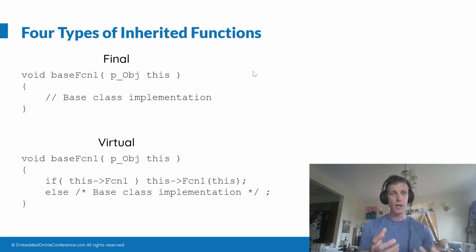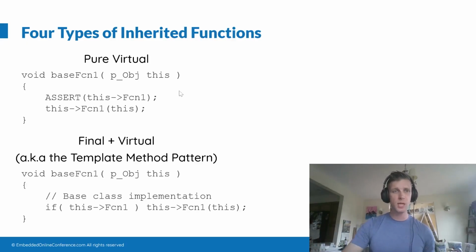The one we just looked at, you might call a virtual function, where there is a base class implementation if one isn't provided, but otherwise, if there is a function variable, then that's the thing that gets called on our objects. I can also make this a pure virtual function, which means there is no base class implementation. I have to have a function pointer, so I might even assert that there is a valid function pointer in each object, and then call that function on the object.